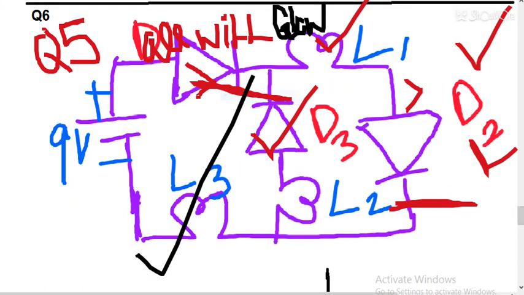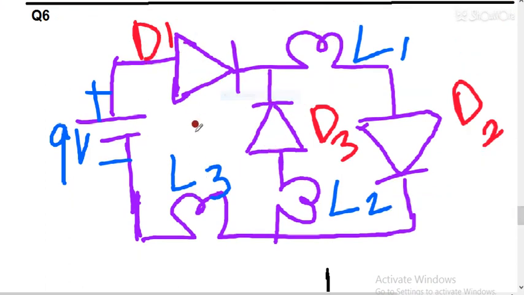So here is question number 6, and here you can see the positive terminal of the battery is this one. Okay, so this is the positive terminal of the battery, and some positive voltage will go here.